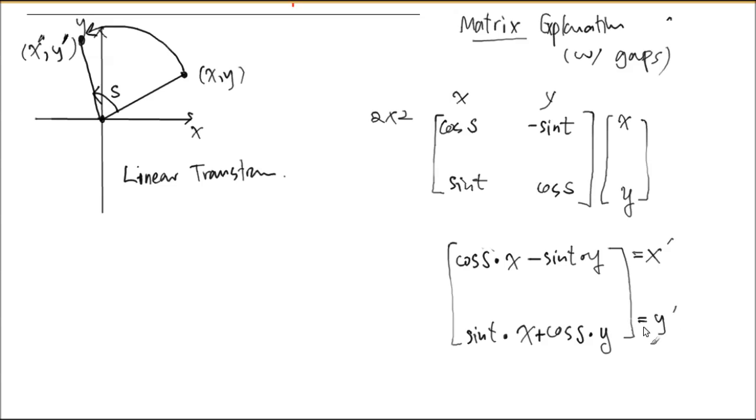That is a formula that's coming really easily out of this linearity and matrix algebra. So you have to accept this. x comma y rotated around the origin by s radian. The formula is this: cosine s times x and so on. That's the formula. Okay?